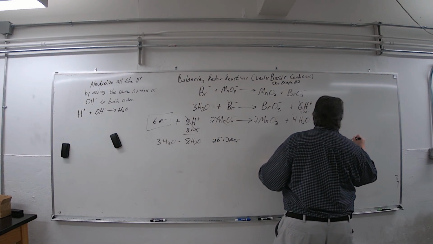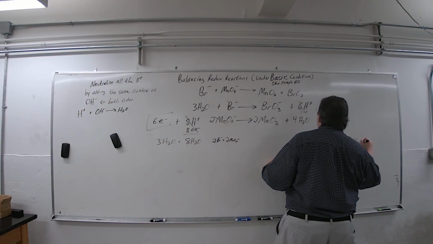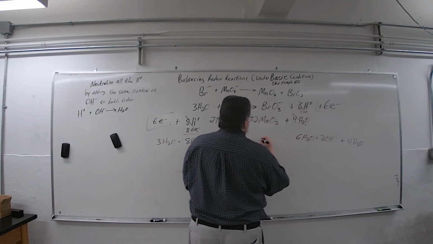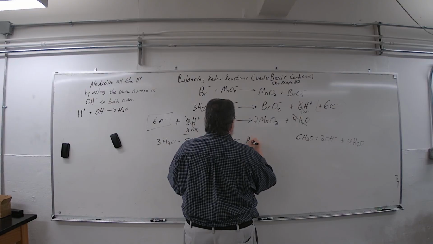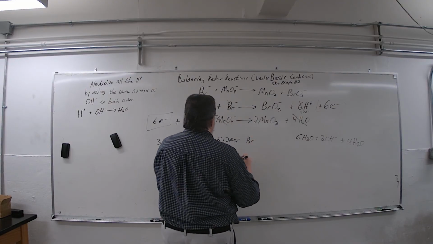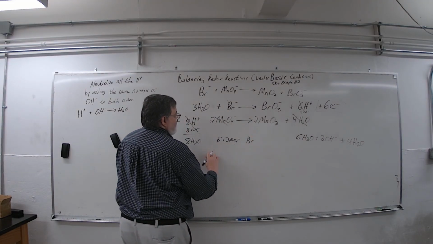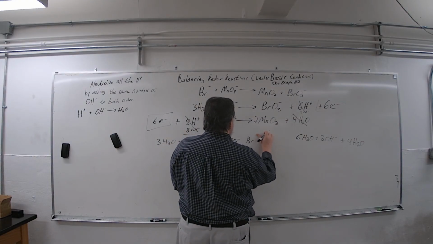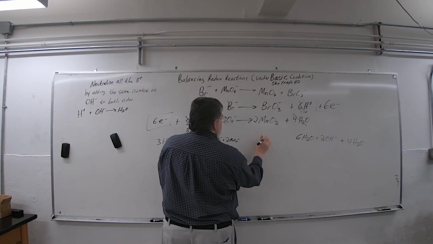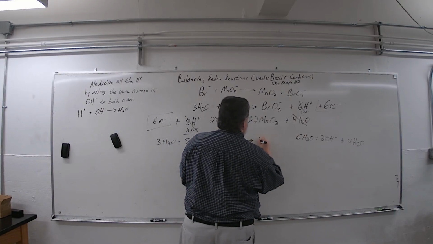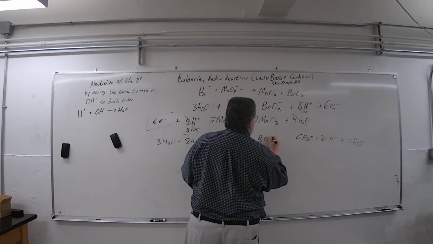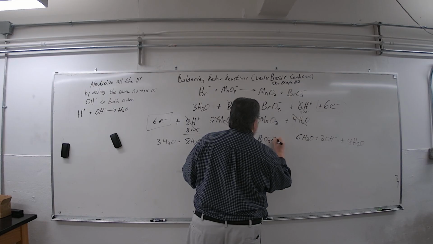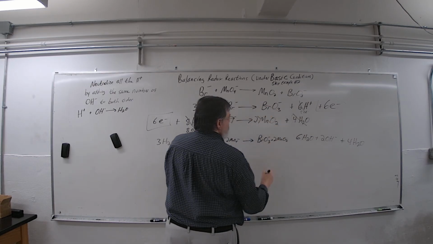We have 4 H2O. That. And then I'll block the 2 Br. That's those 2.